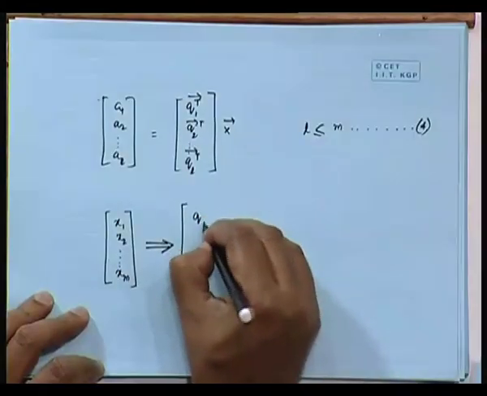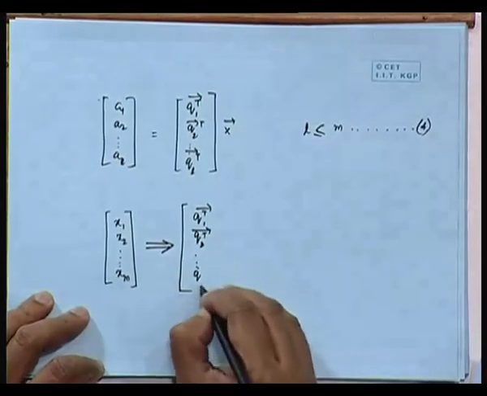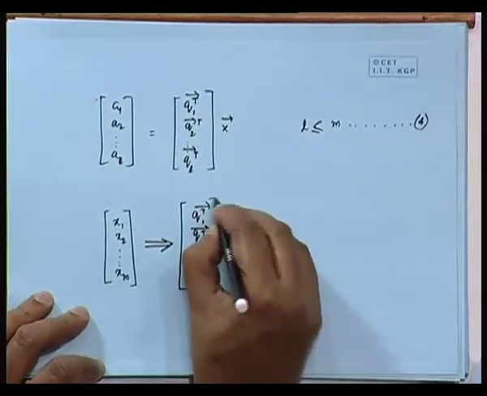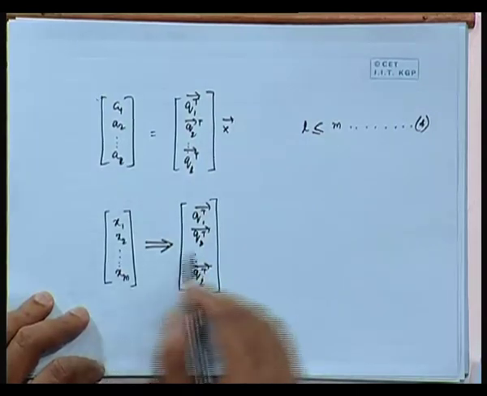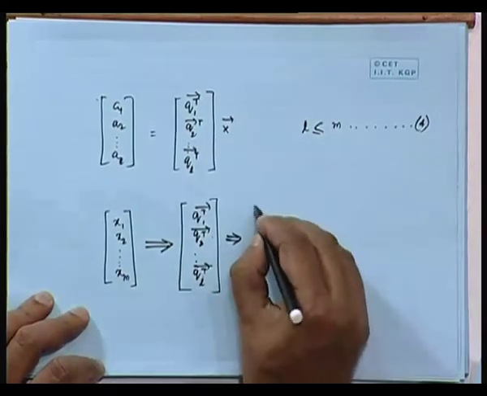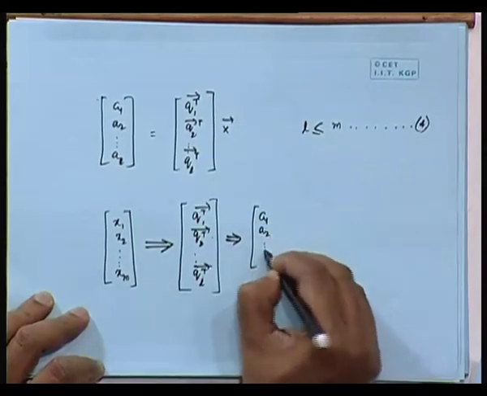So we take x1, x2 up to xm as our input, and this input is transformed by Q1 transpose, Q2 transpose up to QL transpose. Mind you, L is less than M, so this dimension is less than that. As a result, this gets mapped into A1, A2 up to AL.